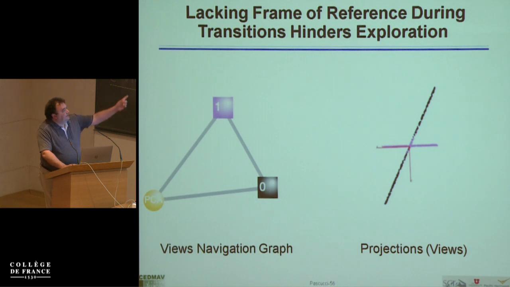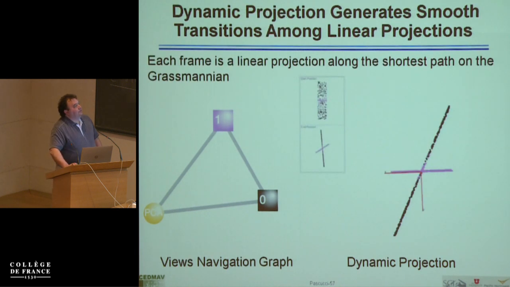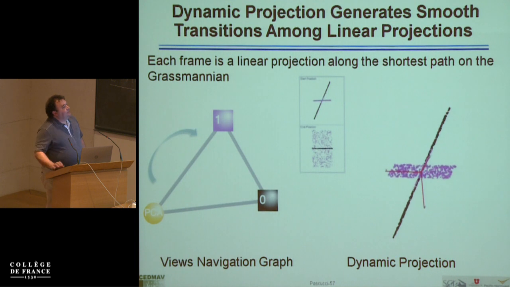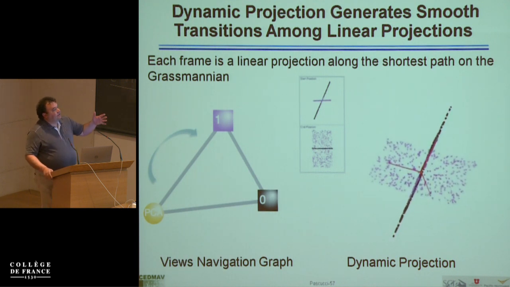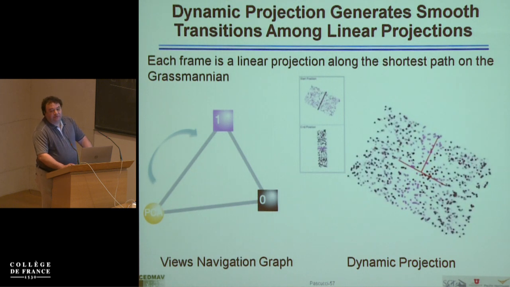Here I have my PCA, the first plane and the second plane, and if I quote unquote rotate from one to the other, I go from this view to this view, and here I can do the actual rotation one way, and then rotation the other way.